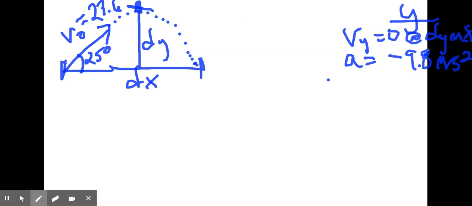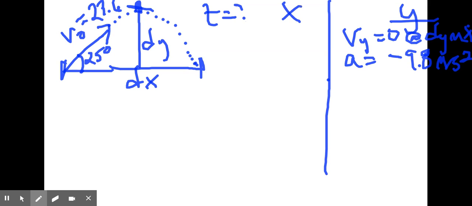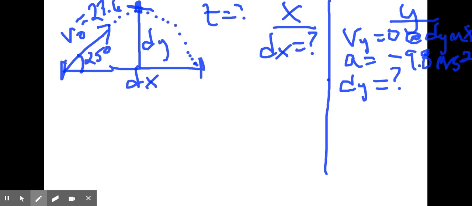Okay, we're looking for time, so we're going to write time equals blank. And in the x, I'm going to just draw a little line here. In our x stuff, we are looking for dx. In our y stuff, we're looking for dy, that maximum height.